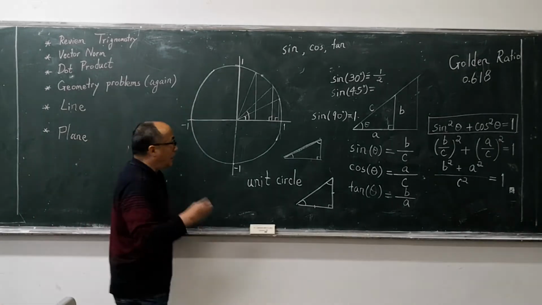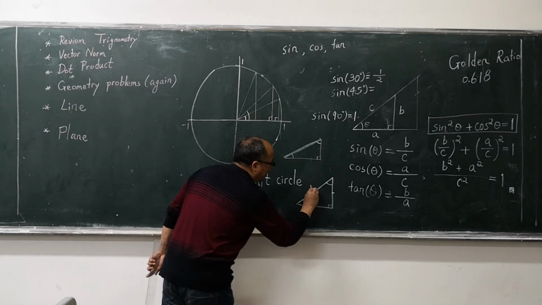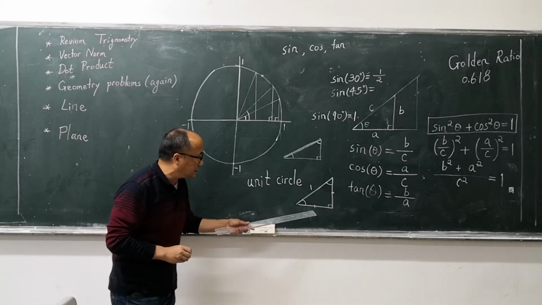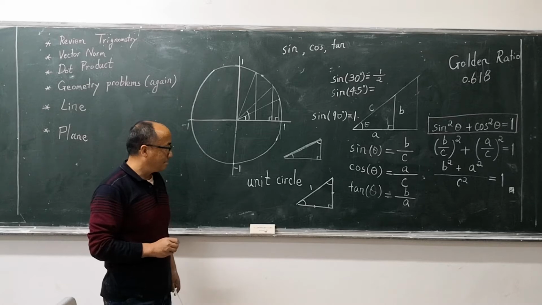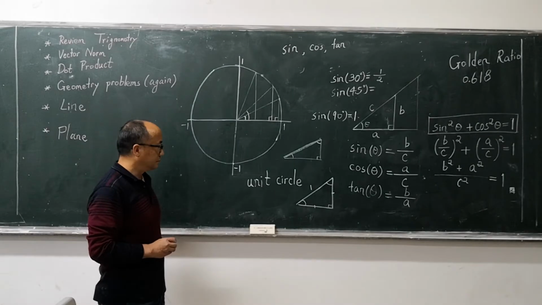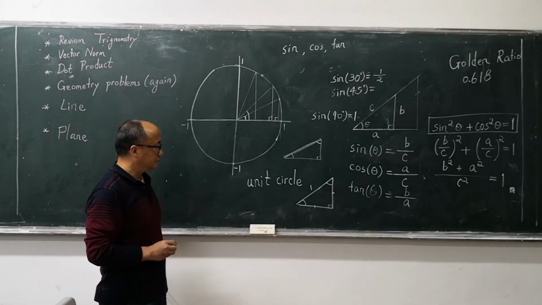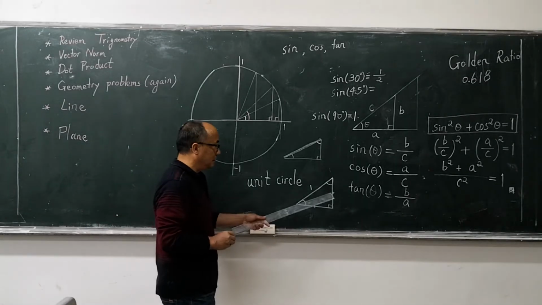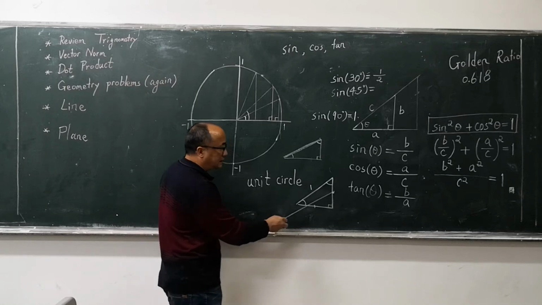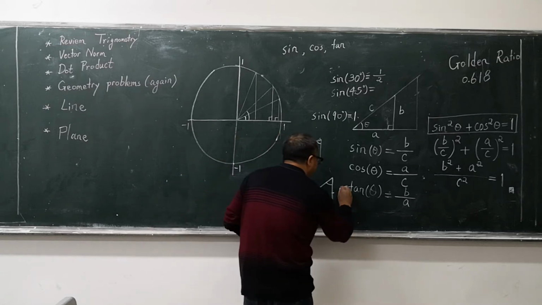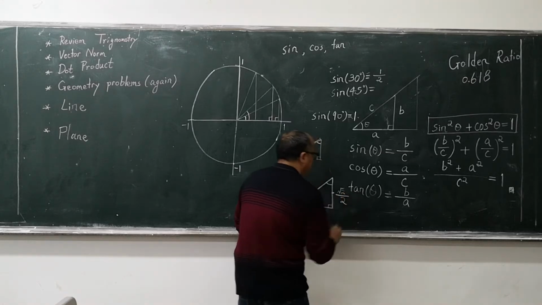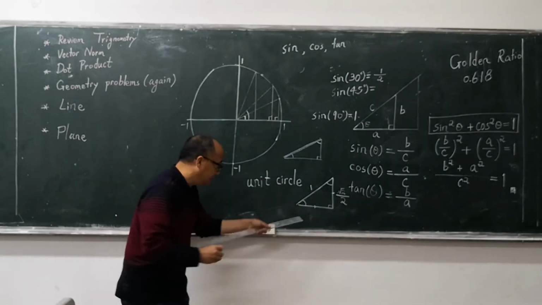Now I told you the hypotenuse is 1. By the Pythagorean theorem, what's the length here? Same is here.